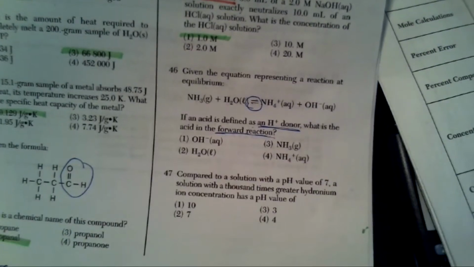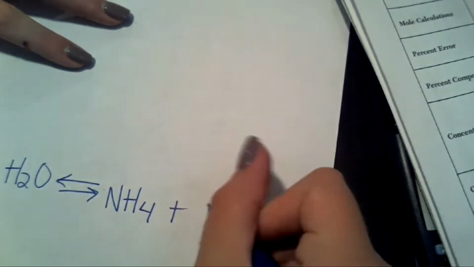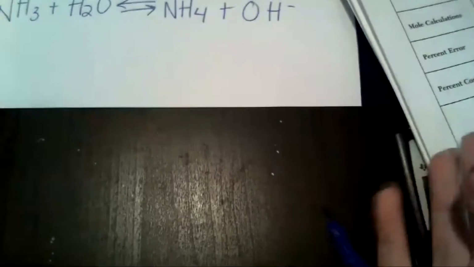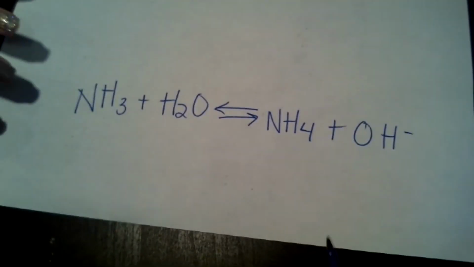So in order to do this, you do a before and after. I'm going to rewrite this nice and big. NH3 and H2O is in equilibrium with NH4 and OH minus. Okay. Here's our big equation.